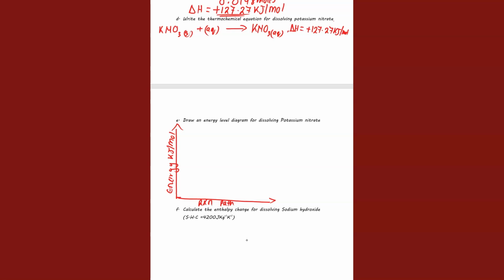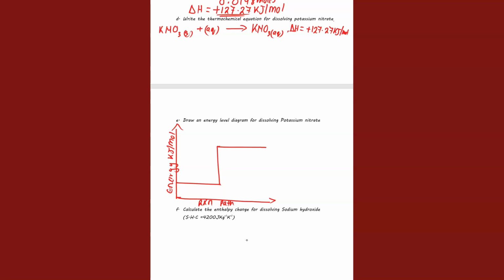So if the reaction is endothermic, then it means that the products have higher energy than the reactants. So that's why you're going to start from the lower side, going upwards, because the products have a higher energy than the reactants.